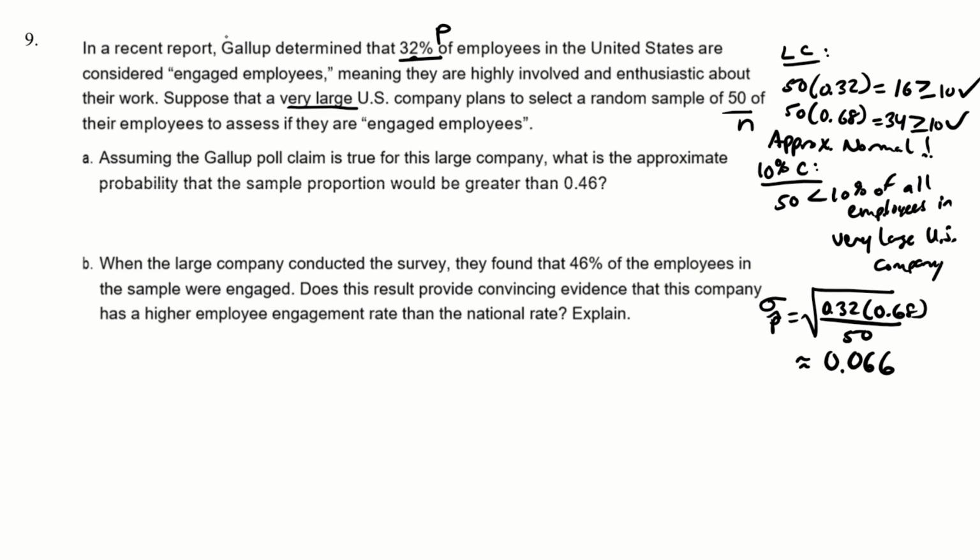And let's get the mu while we're at it. The mu is pretty straightforward. The mu is simply p, which is 0.32.